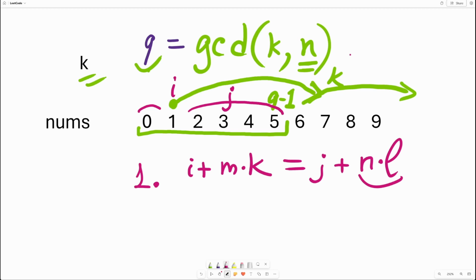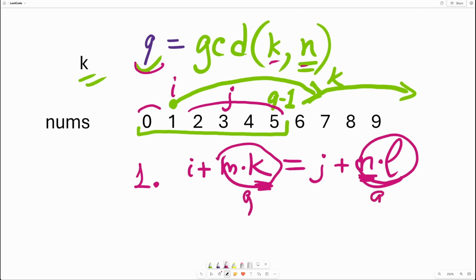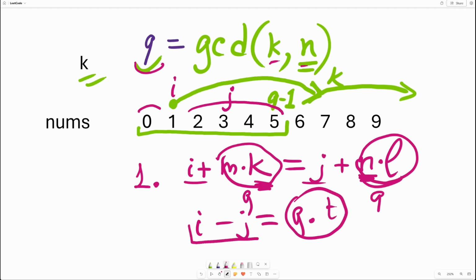Now, because q is a GCD of k and n, k and n both have q as a factor. So this thing and this thing are both multiples of q. Now then, if you look, we have that i minus j is some multiple of q, right? But that would only be possible if i equals j.